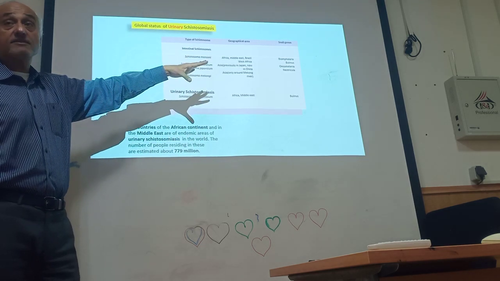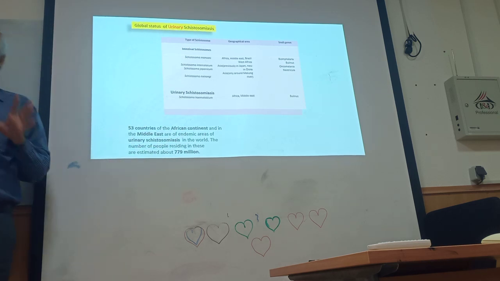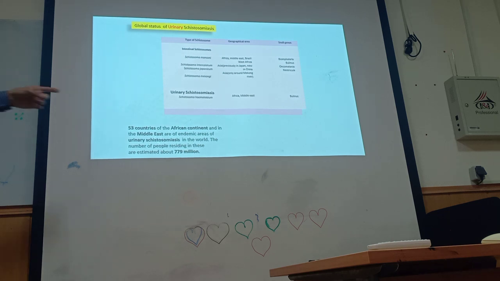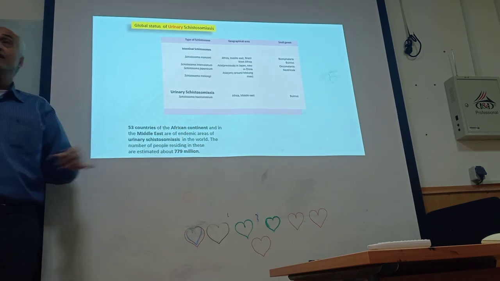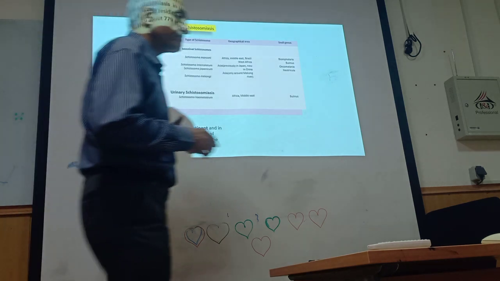And by this, 53 countries of the African continent and in the Middle East are endemic areas for urinary schistosomiasis. I told you that in this region, Iran and Iraq are two endemic areas for Schistosoma hematobium, for bilharziasis.